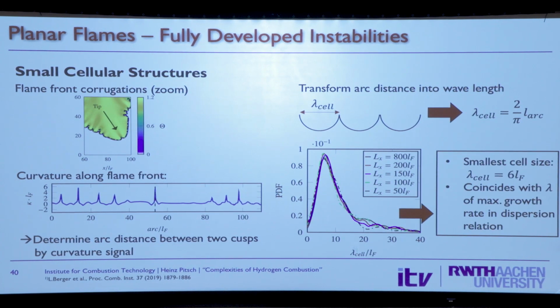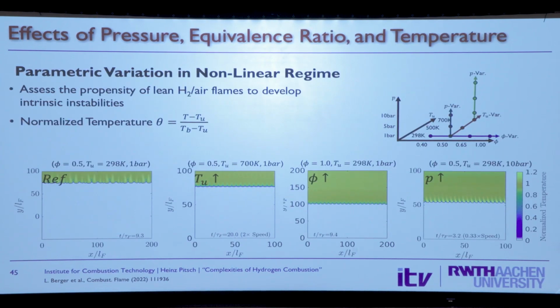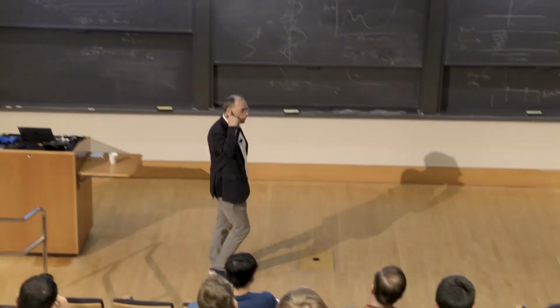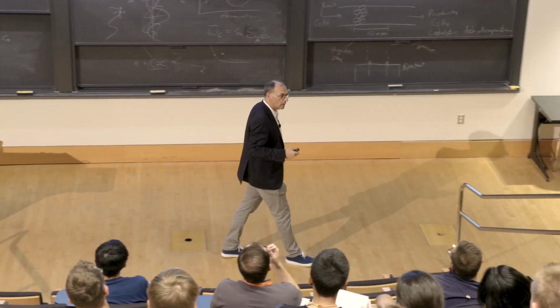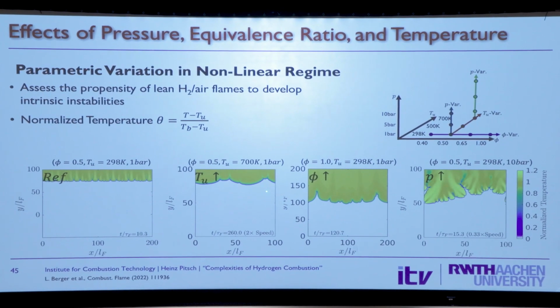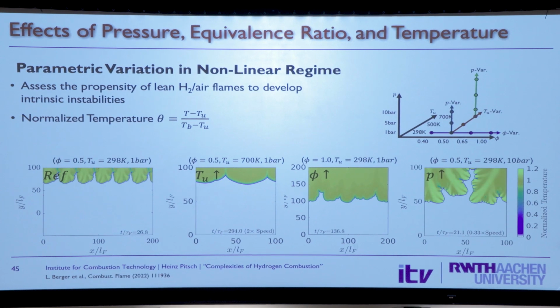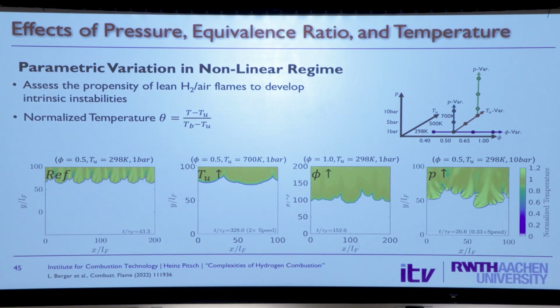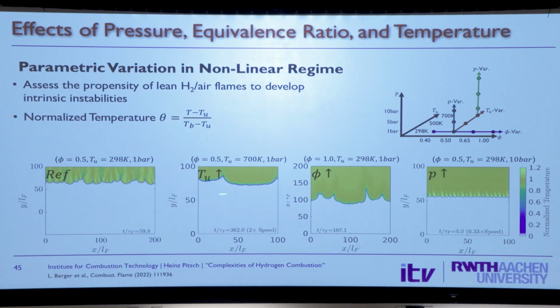And there are a few other things that one can learn from this. Now we can do these simulations also for many different conditions, just like we did in the linear regime. This here shows the reference case, and this shows just a higher temperature. You see high temperature makes the instability much, much weaker.